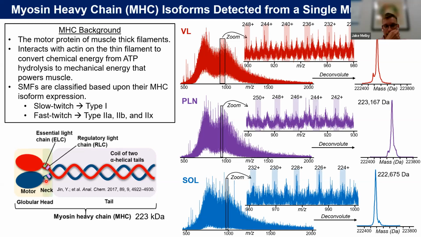And this is actually how single muscle fibers are classified historically, based on the isoform expression of myosin heavy chain. Slow twitch muscle fibers are called type 1 due to the isoform of myosin heavy chain they express. And for fast twitch muscle fibers, there are 3 different type 2 isoforms that are expressed.